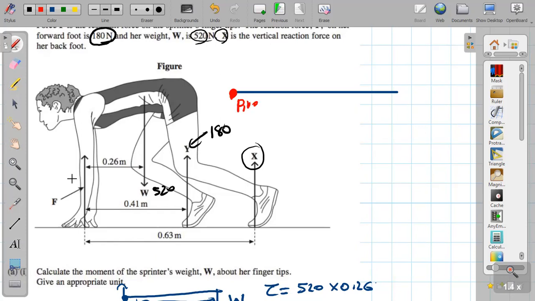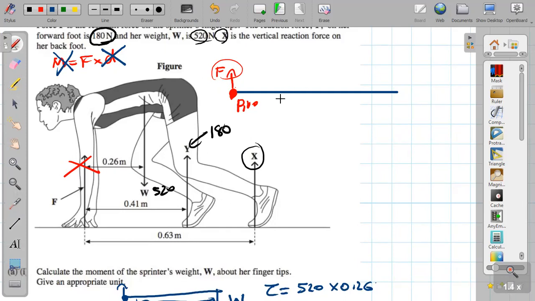This one is the pivot. So you don't want to know about the force, right? Any force on the pivot, we don't consider. In case of moment, what is the equation? Force multiplied by perpendicular distance. In this case, the distance is 0, so no moment is applied on the pivot by any force on the pivot. Got it?